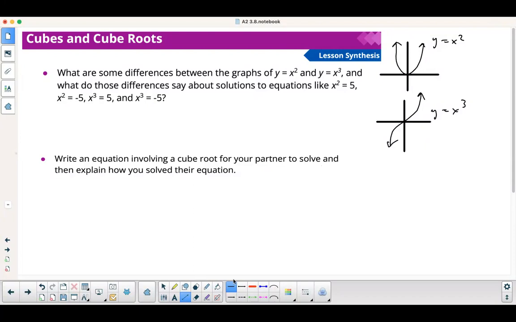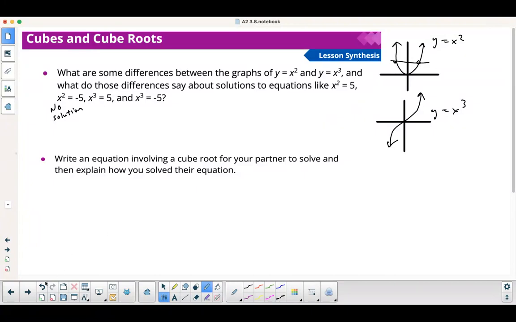When you're looking at the solutions to x squared equals negative 5, down here at negative 5, it's never going to go through this parabola. So without even doing anything, this would be no solution. X squared equals 5. 5's up here, so it's going to hit it twice when you intersect it.